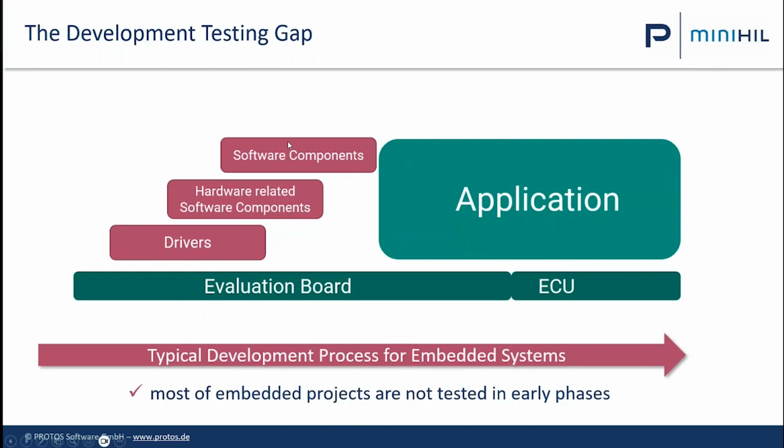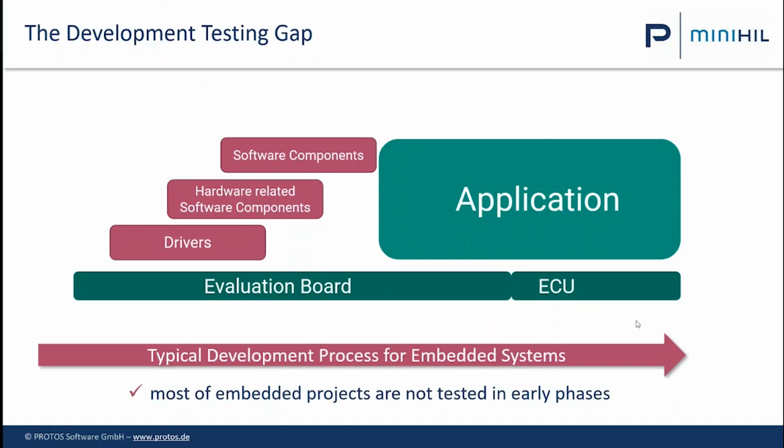And then you add the pure software components, for example for the application logic, for error handling and things like that. You integrate everything into an application, and eventually you move to the real control unit, to your real microcontroller, or to your real ECU.